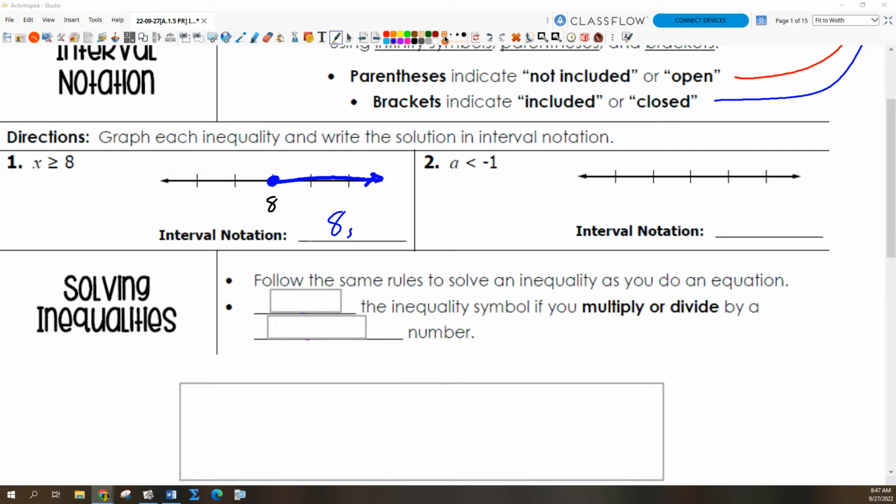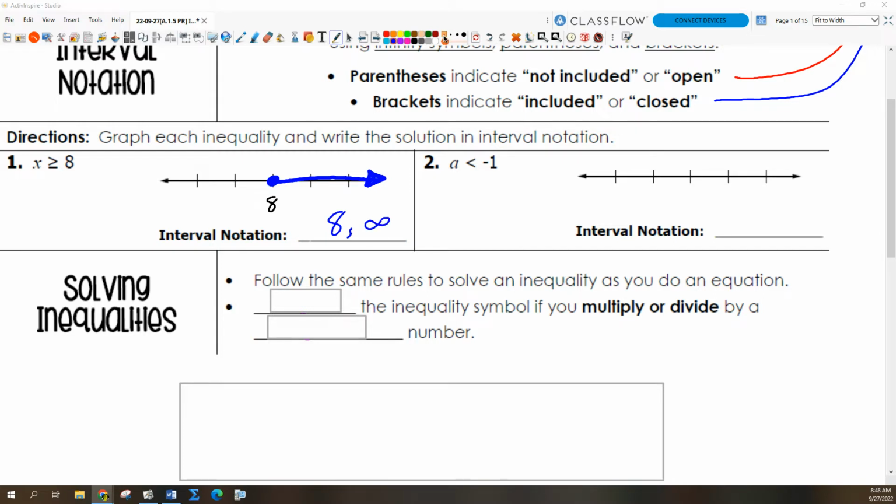And that arrow goes forever, right? So what's the right endpoint? Infinity, okay? Can you ever get to infinity? No, you can't, right? So infinity's not a number, but it's a concept. The idea that this arrow goes forever means that there is no endpoint, or you could say the endpoint is all the way out at infinity, even though you can never get there.